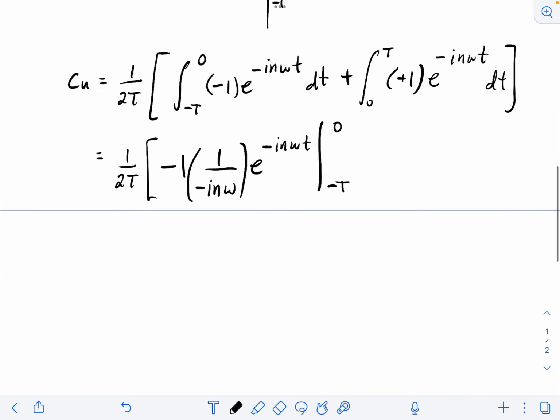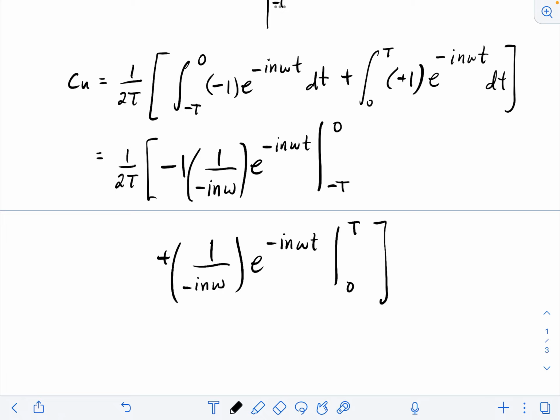And then when we do the second integral, we get a plus, and so we're going to get a 1 over minus i n omega. Then we have e to the minus i n omega t, and this is going to go between 0 and plus T.